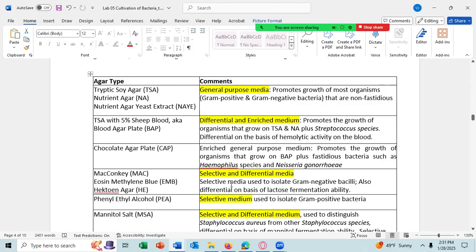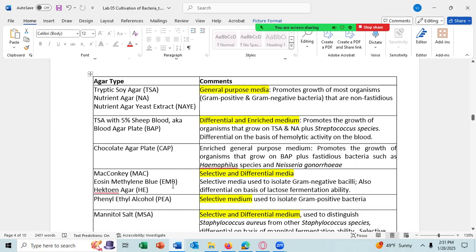All right. And then there's MacConkey's, EMB and HE: MacConkey's MAC, EMB eosin methylene blue, and HE Hektoen agar. They include chemicals or additives in the media to make them selective and differential. All three of these plates are selective for gram-negative bacteria, meaning they will grow on these plates. Gram-positives tend not to grow on these plates.